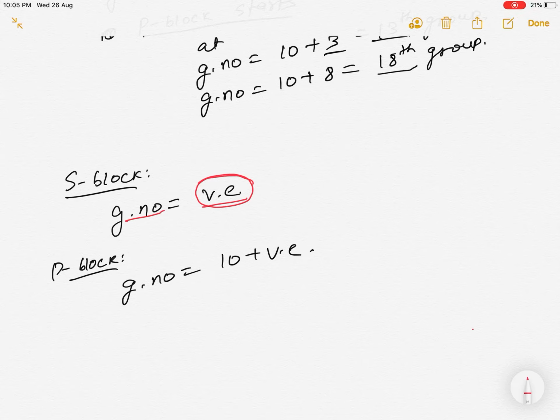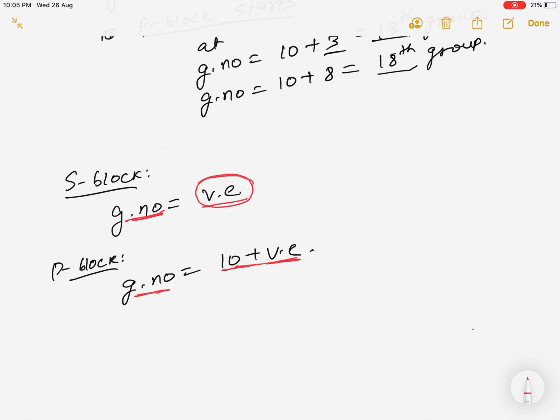Suppose there are 5 elements and each element has one valence electron, all of them will belong to the first group according to the definition. And suppose 3 elements have two valence electrons, they all will belong to the second group. Similarly, for p block elements, if a certain group of elements has the same number of valence electrons, the sum will be the same for all of them. Suppose there are 3 elements and each one has 4 valence electrons.